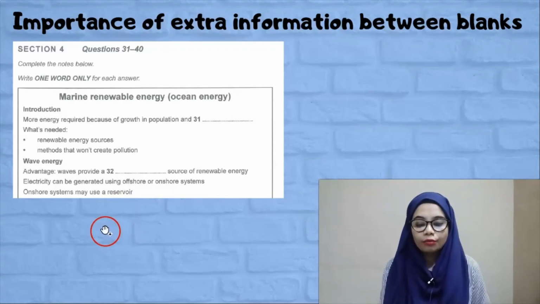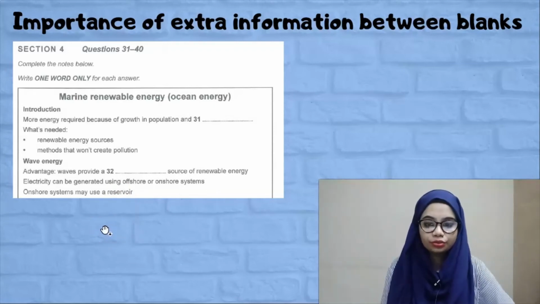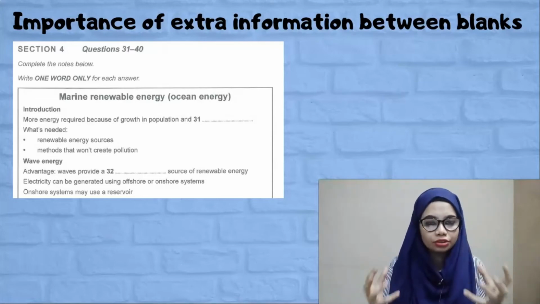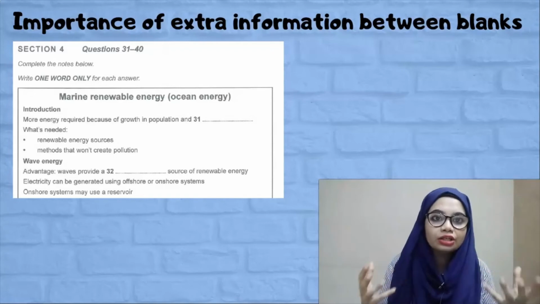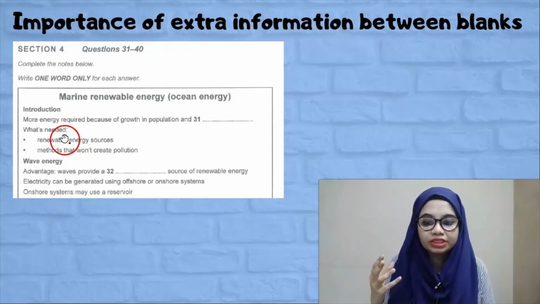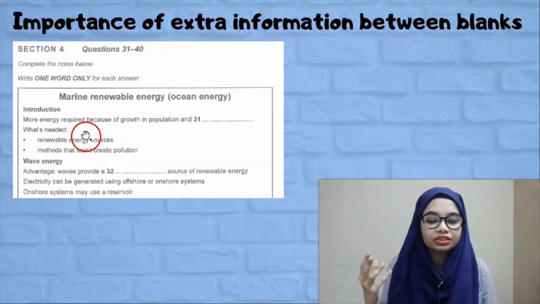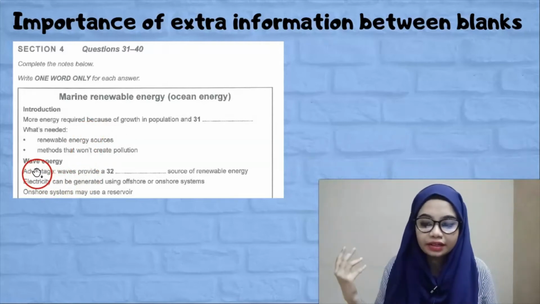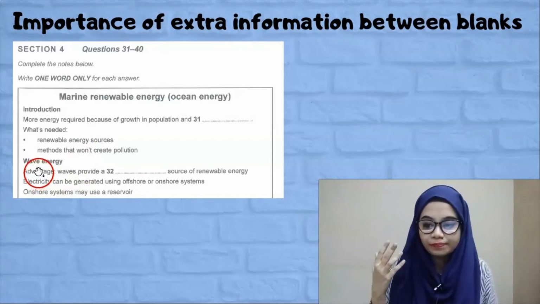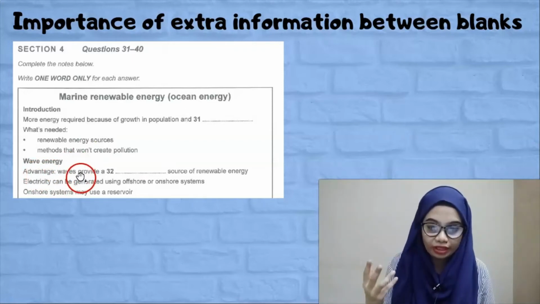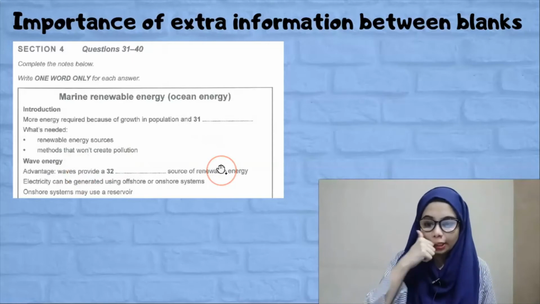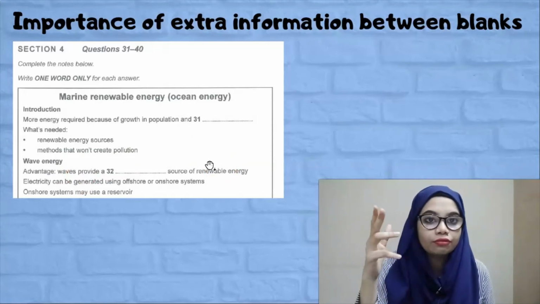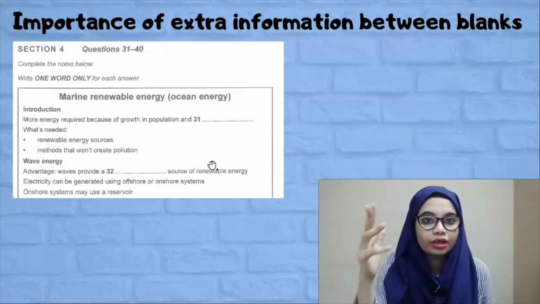So what happens with students who are really curious and really focused on listening out for the answers is that they sometimes disregard the importance of the extra information given between the blanks, and they just try to listen out for the next indicator word, like advantage or waves or renewable energy. Now, people make this mistake, and they lose track of what the audio is talking about.